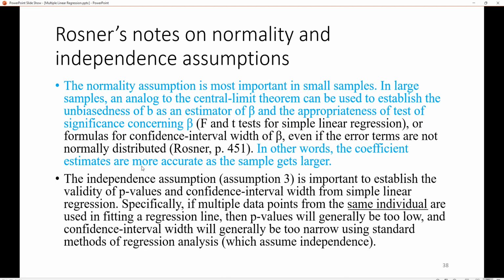In other words, the coefficient estimates are more accurate as a sample gets larger. And for the independence assumption, like I mentioned, if 5 rows of my data are in there, that would be an issue, but we do have ways of dealing with that to help make sure we get appropriate standard errors that are not too small.